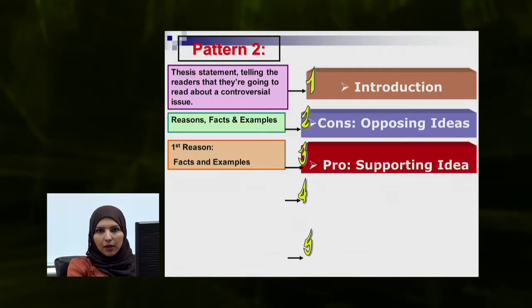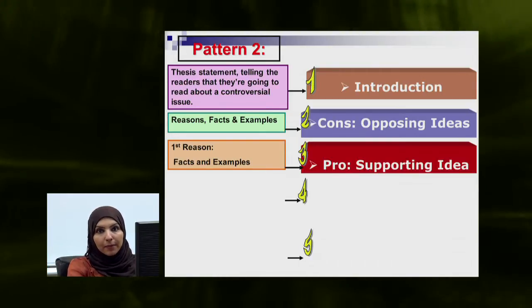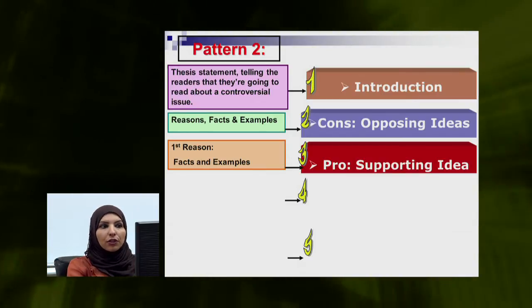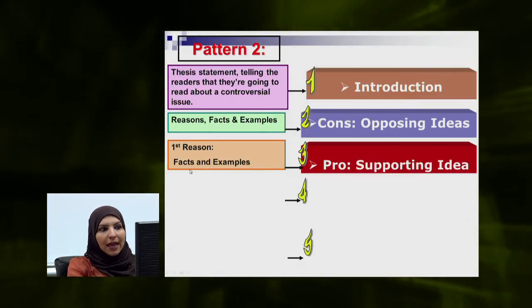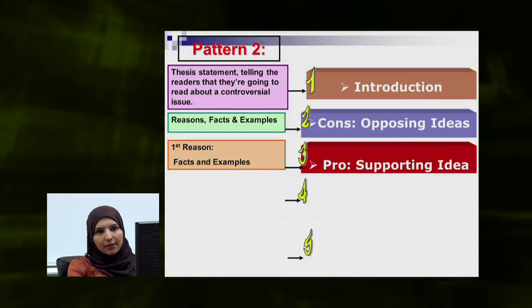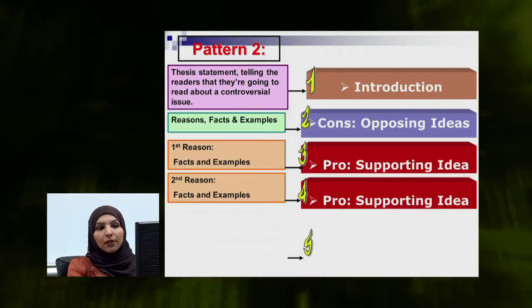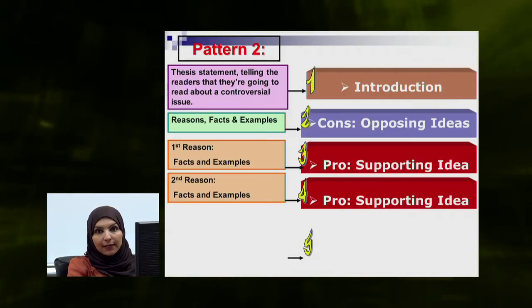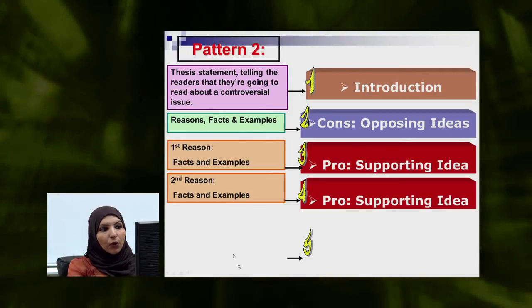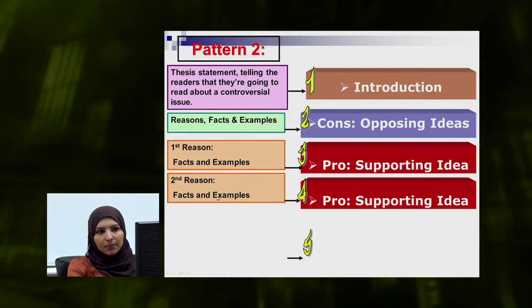In the third paragraph, you are going to write about a pro or a supporting idea. Plus, you are going to mention the first reason, facts, and examples. After that comes the fourth paragraph, which will be about the pro or a supporting idea, and it will include the second reason, facts, and examples.